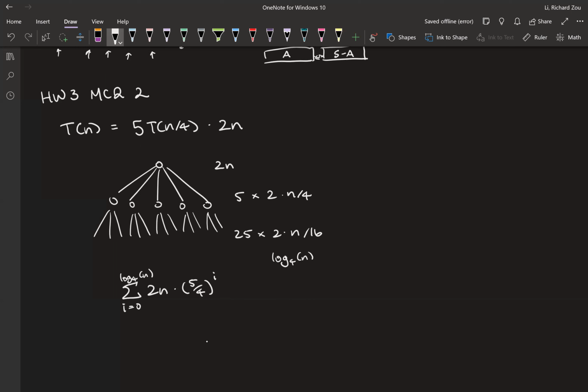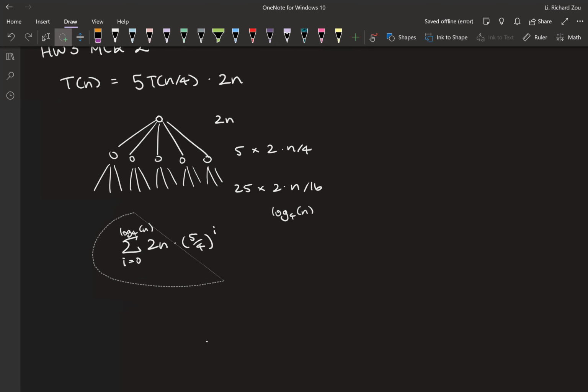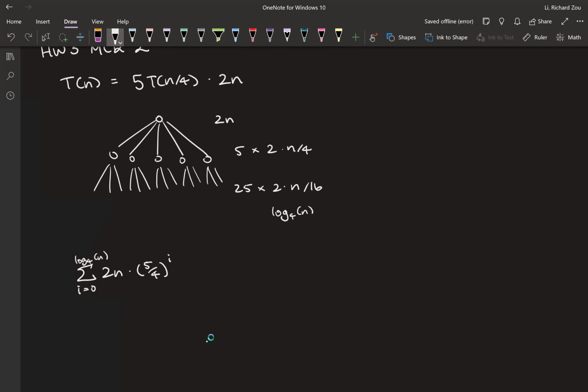Okay. And then let's see here. Oh man, it's been a while. We can try to analyze this summation here. So we can take 2 to the n out, and say that the rest of it is going to be the sum from I equals 0 to log base 4 of n of 5 to the 4th here.